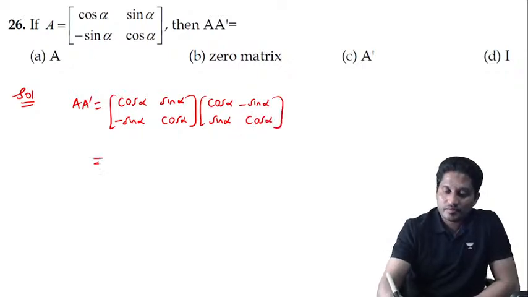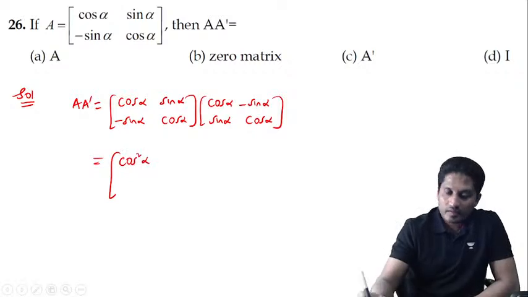Now this is cos square alpha plus sin square alpha. Then minus sin alpha cos alpha plus sin alpha cos alpha.